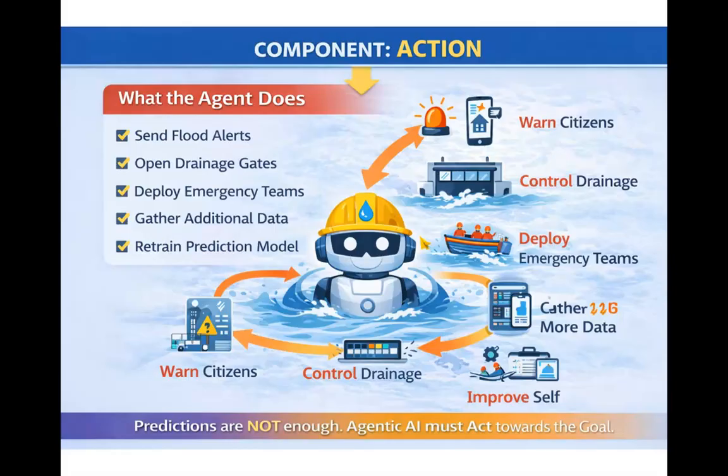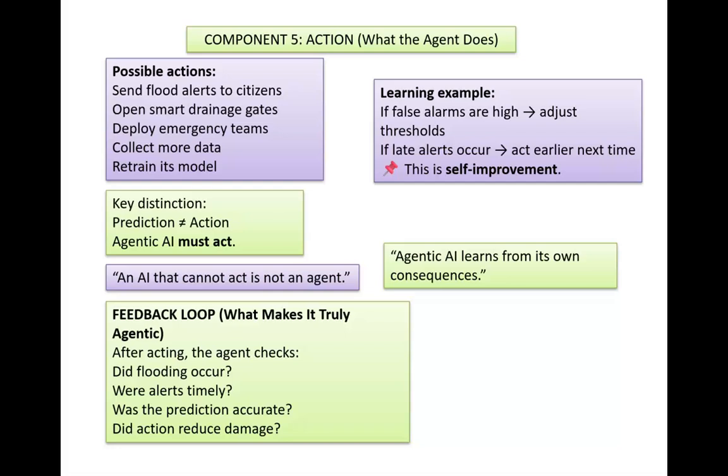So there is a feedback loop also. This feedback loop is again very important. After taking the action, the agent evaluates the outcome. It again asks itself, did flooding actually occur? Were the alerts sent on time to the citizens?